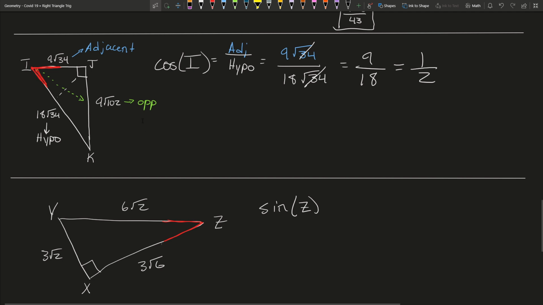Usually, though, they look way more complicated than they actually are. So the first thing is just labeling whatever your side is, and then labeling what you have and what you need. In this case, we had everything we needed. We just need to put it in a fraction and then simplify.